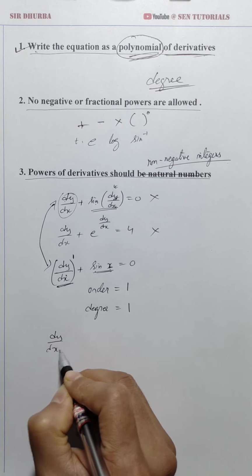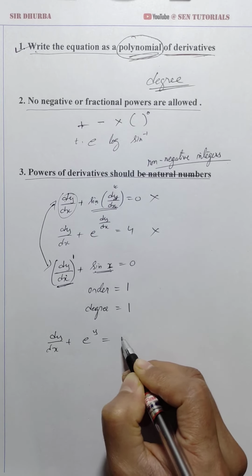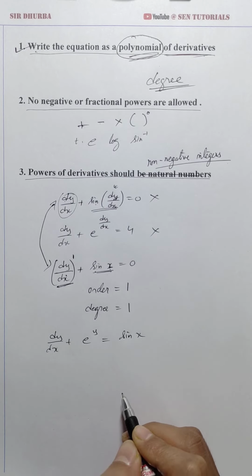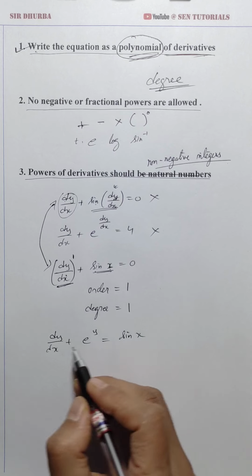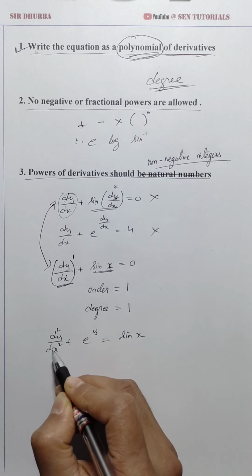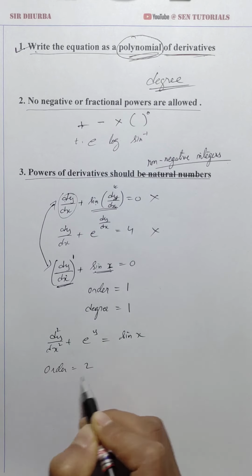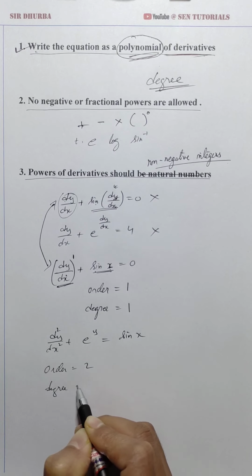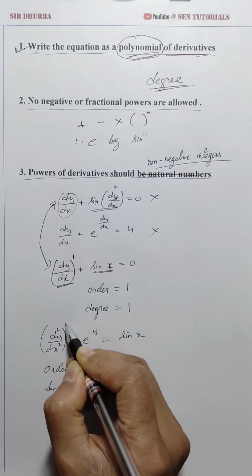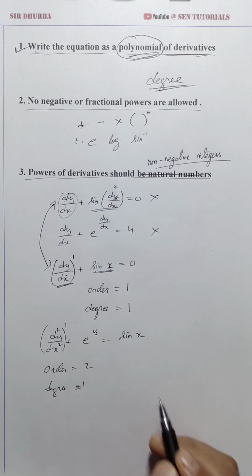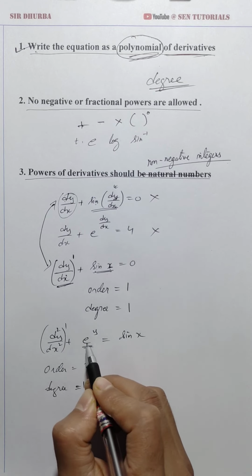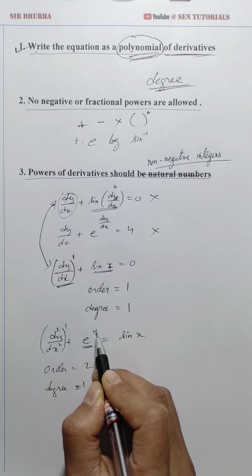Even dy by dx plus e power y equal to sine x, no problem. Here also d square y by dx square, so order 2. Degree also existing. Degree is power 1. Is exponential function applied on the differential? No, variable only.